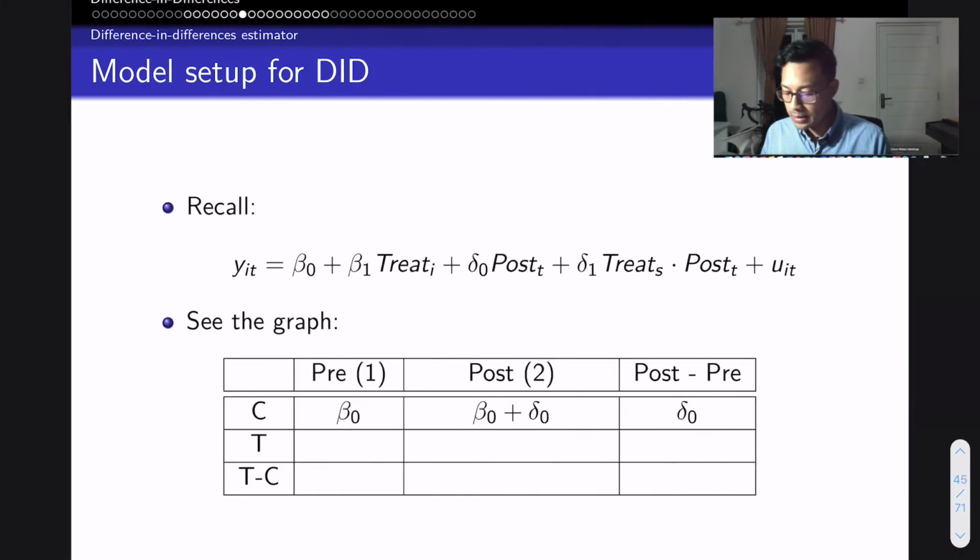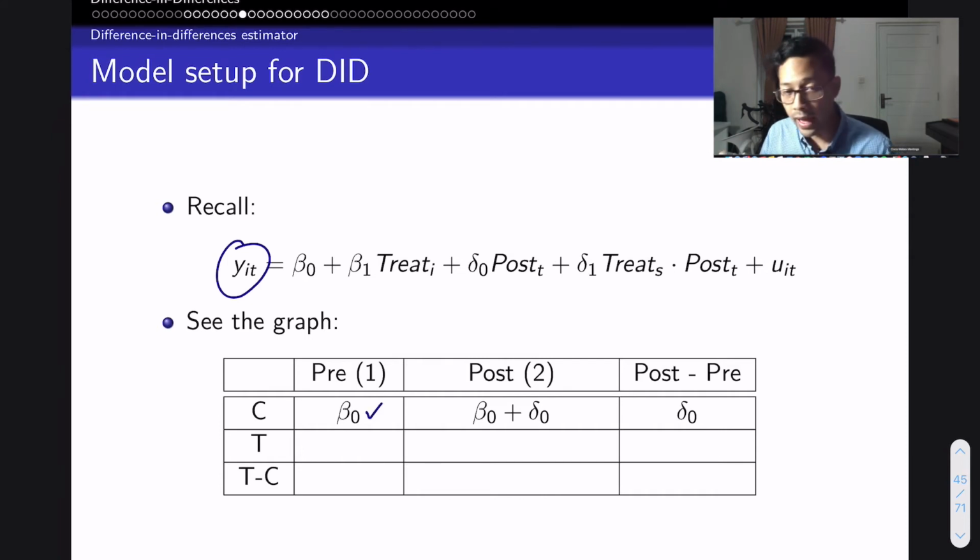Now suppose that you have observations before and observations after for the control group. Before, the outcome is y. What's the value of y for the control group before the implementation of the program? The average value of y for the control group, or the comparison group, before the program was implemented is beta 0.